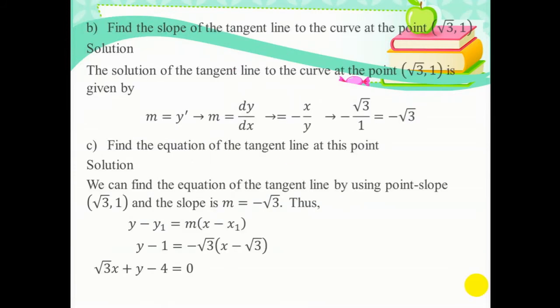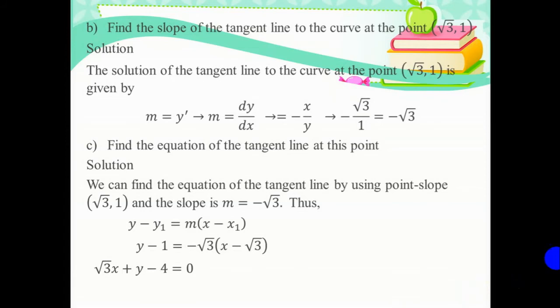Find the slope of the tangent line to the curve at the point square root of 3, 1. Solution. The slope of the tangent line, as we already learned in the beginning, is equal to the first derivative of the function.